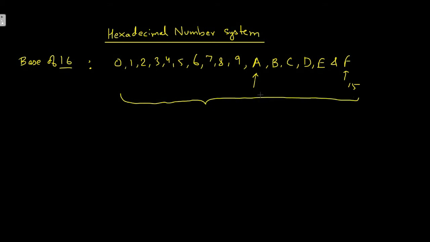So this is called hexadecimal number system. Now, in order to represent a hexadecimal number as a power of 16, we take one example.